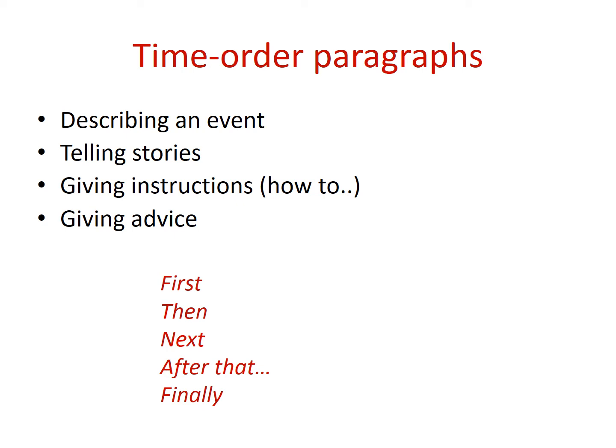For example, if you teach someone how to make a cake, you tell them how to mix the ingredients before you explain how to bake the cake. As you read the model paragraph on the next slide, notice that the steps are given in order by time. Also notice the time words that show what happens first, second, third, and so forth.